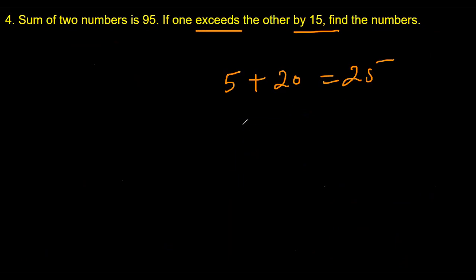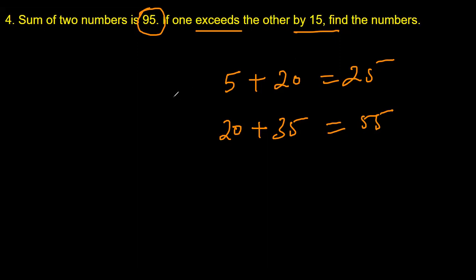Yes, if by hit and trial one of the numbers is say 20, another exceeds by 15, 20 plus 15 should be 35, their sum is 55.